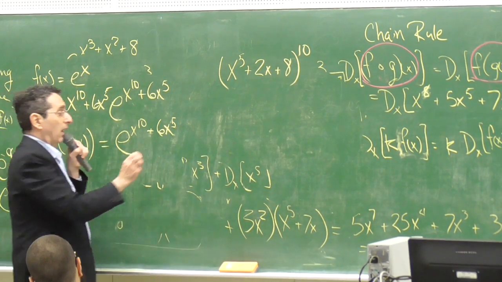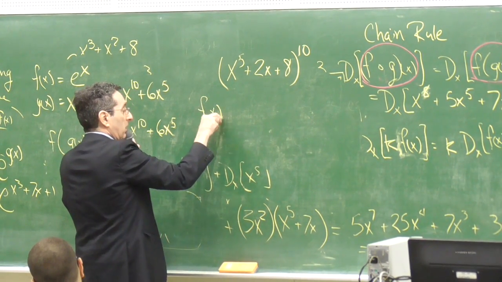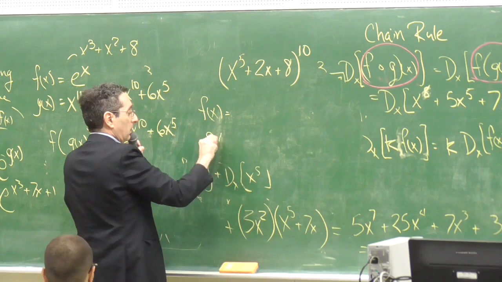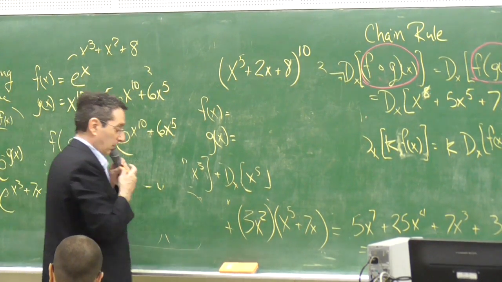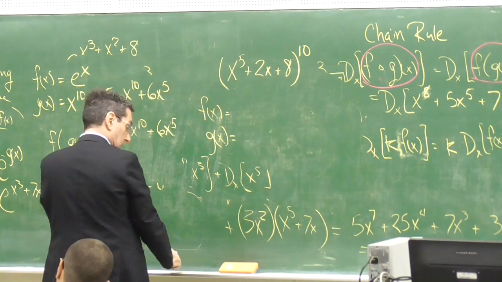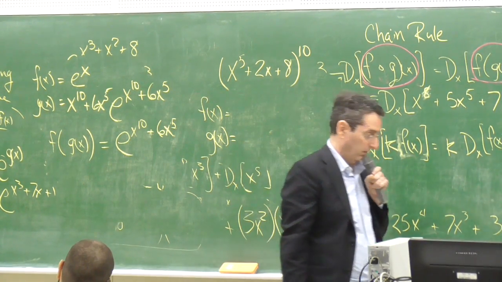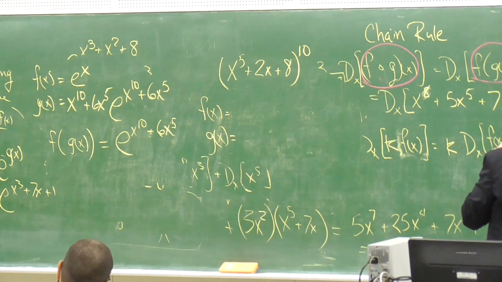So we want an f, meaning the outside function, and a g, meaning the inside function, so that when we do their composition, f of g, we get that function at the top.